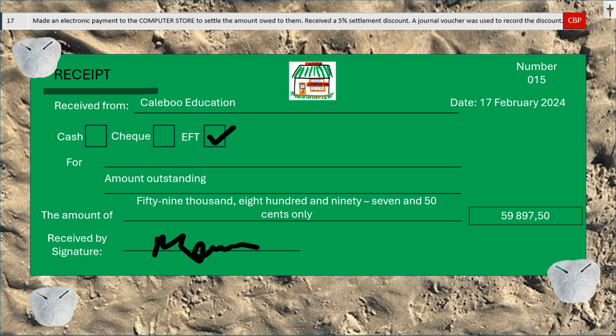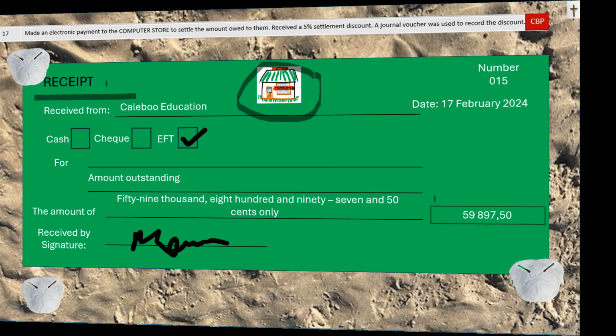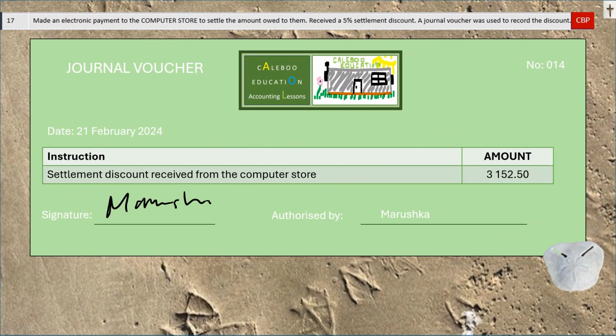When we pay in cash to the computer store, they issue us with a receipt. We use this document to record the transaction. Journal voucher: if we receive settlement discount, we record the information in the general journal.